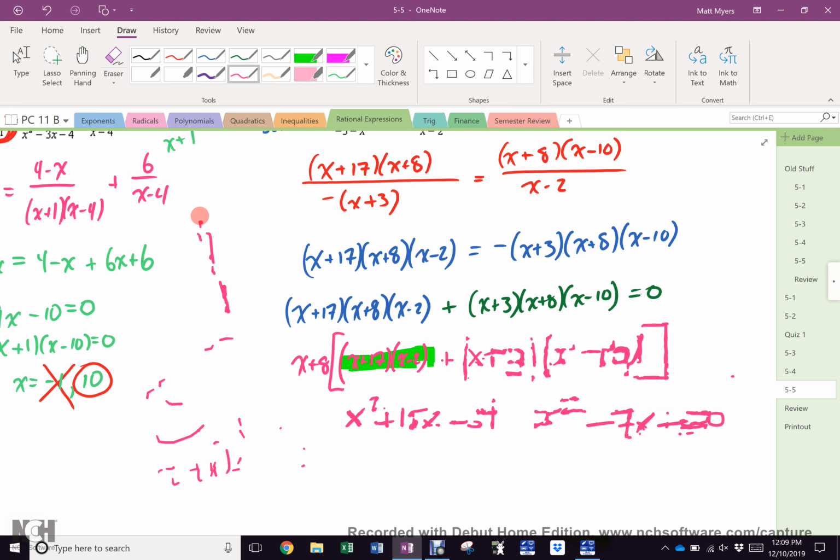Factor. x plus 8, x minus 4, right? And all that equals 0, yeah? 2x plus 8 squared, x minus 4 equals 0. What's the answer? 4 and negative 8.